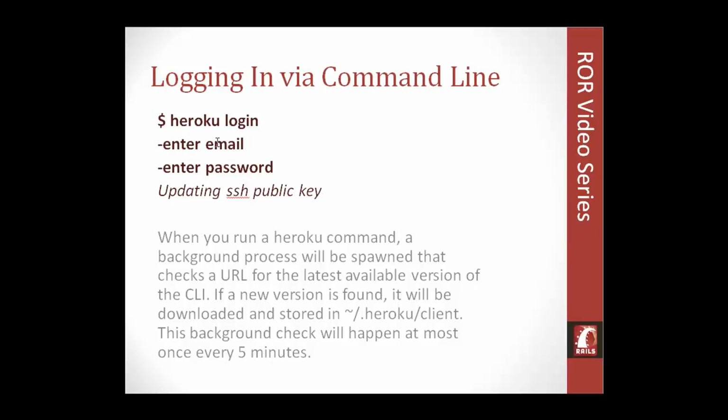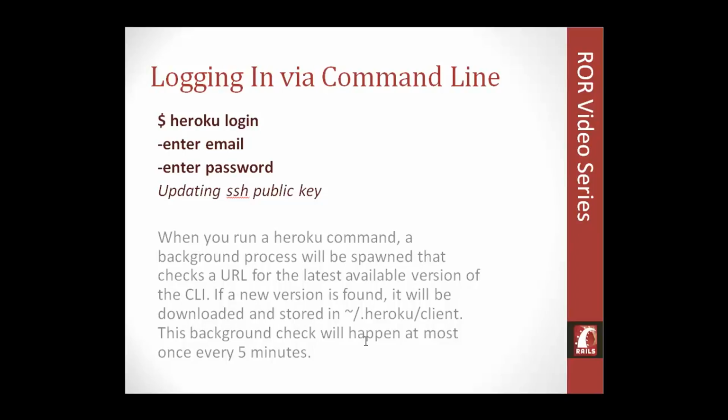it'll say authentication successful, and it'll say that it's updating your SSH key, which I'll show you in a couple more slides. And I figured I'd put this in here. When you run a Heroku command, any command, there's a background process that checks to see if the version of the command line interface that you're using is the most recent.